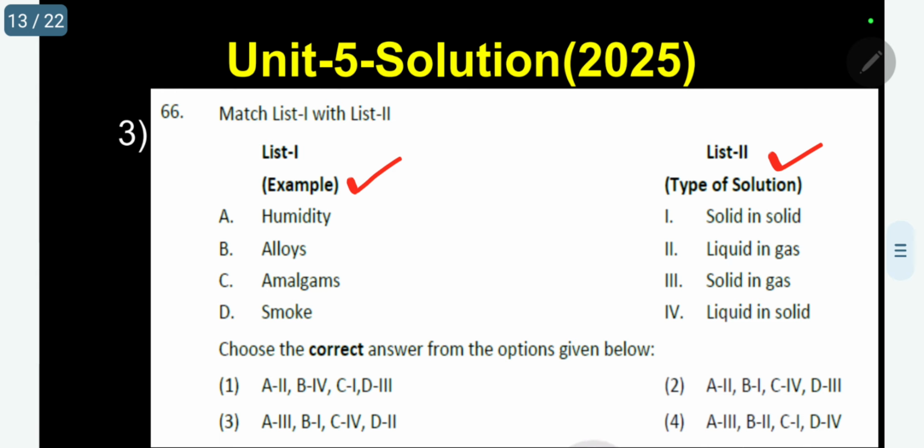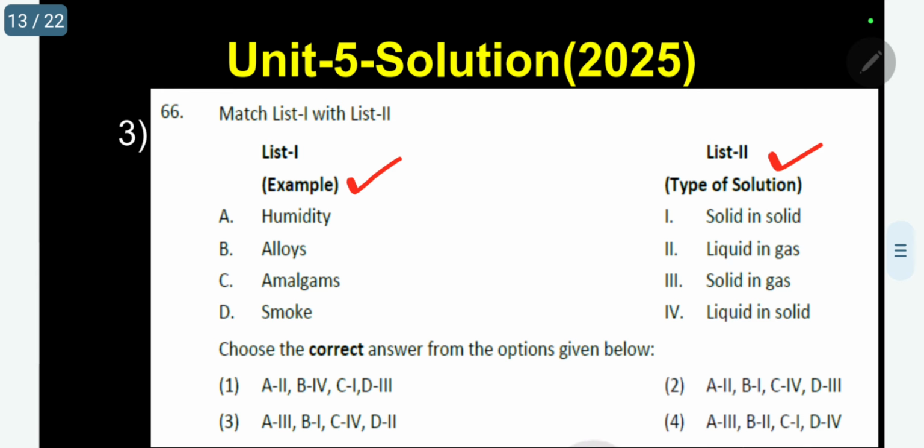A, humidity; B, alloys; C, amalgam; D, smoke. On the right side, types of solution: 1, solid in solid; 2, liquid in gas; 3, solid in gas; 4, liquid in solid. Choose the correct answer from the options given below. Option 1: A equal to 2, B equal to 4, C equal to 1, D equal to 3.